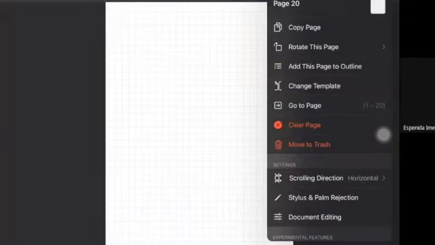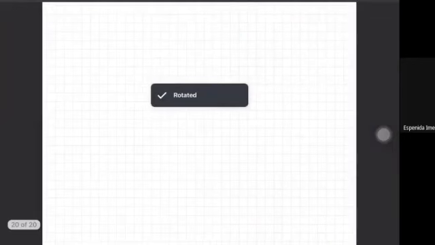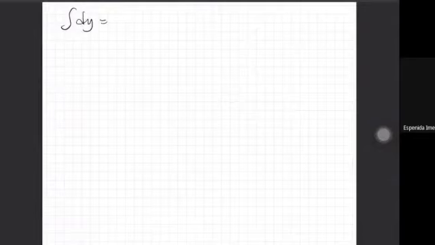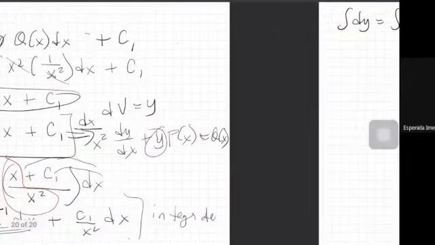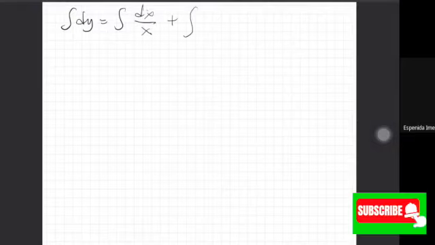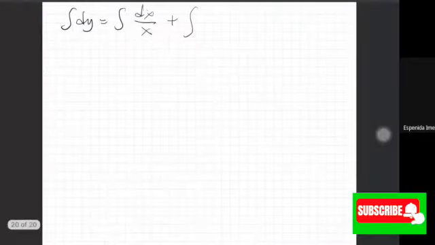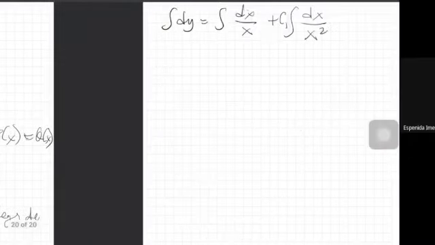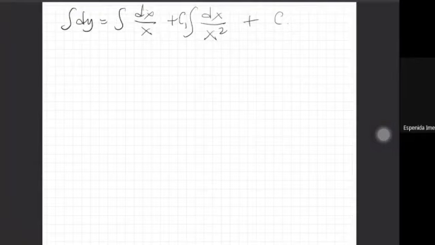Okay, so integrating both sides, we now have the integral of dy equals the integral of dx over x plus the integral of, taking c1 out, dx over x squared, and then plus c sub 2 because you integrate the second time.